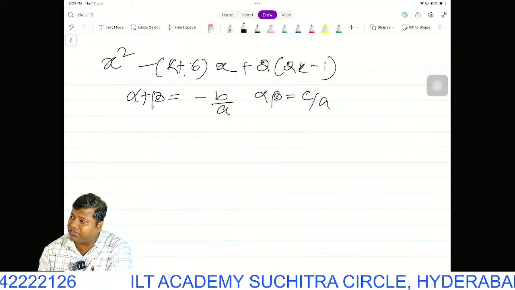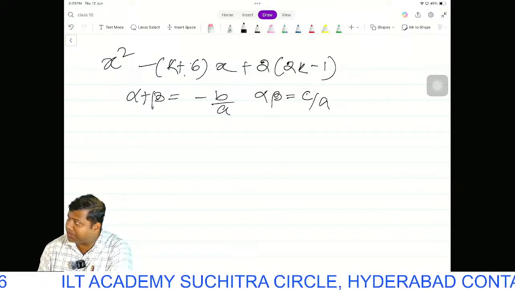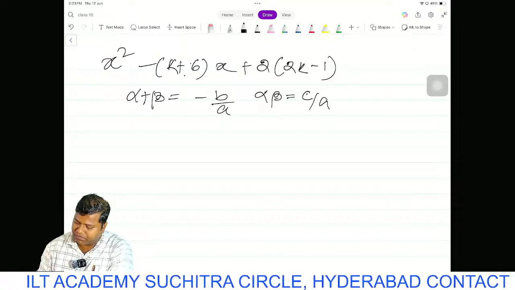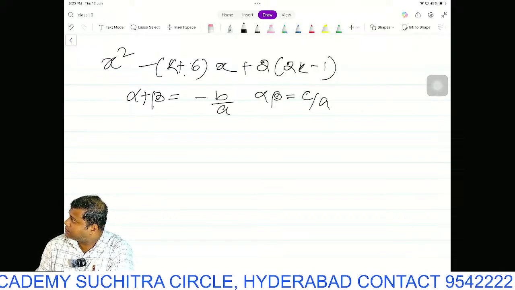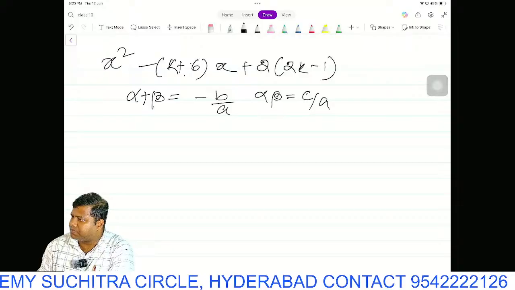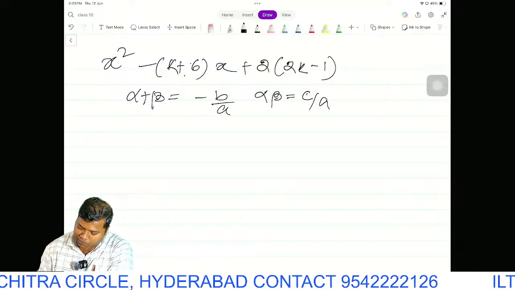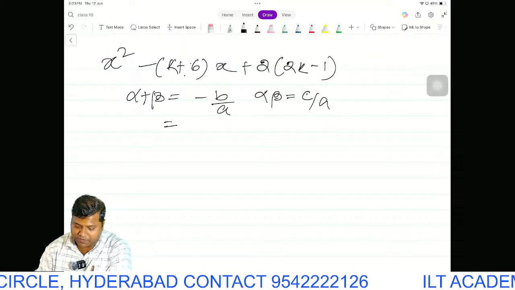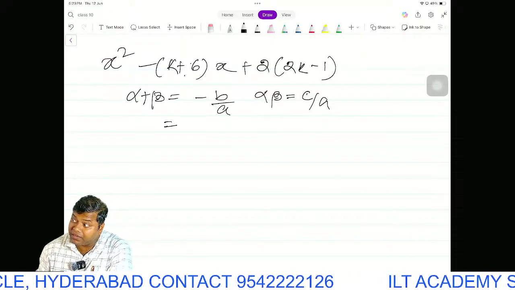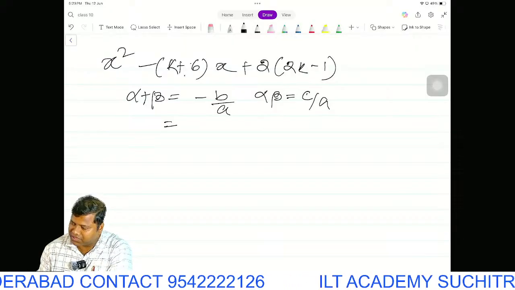So what is the value of a? The polynomial is x square minus k plus 6 times x plus 2 times 2k minus 1. No, it is not x plus 6, it is k plus 6. Fine. Now see, what is the value of b? Minus k plus 6, right?